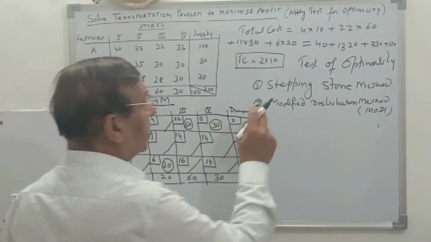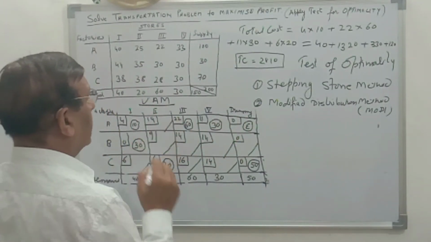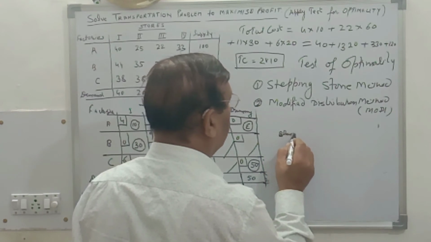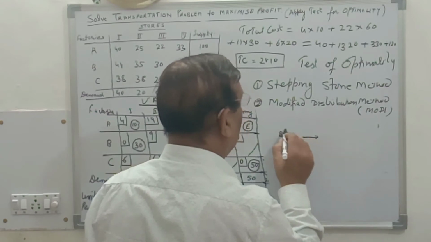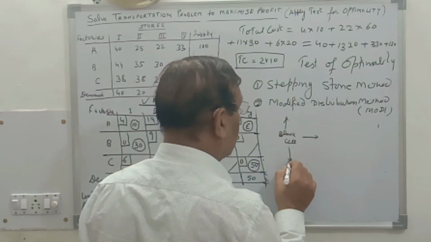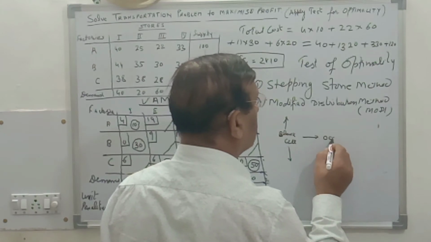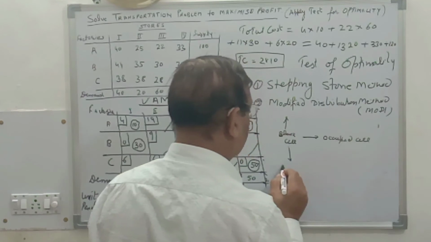According to the stepping stone method, starting from the blank cell, please try to understand, go in any direction, either this or this or this, but you have to turn at the occupied cells.